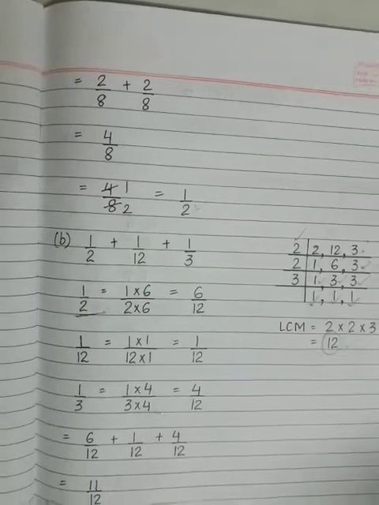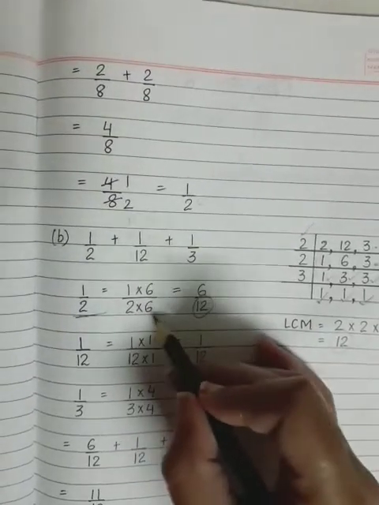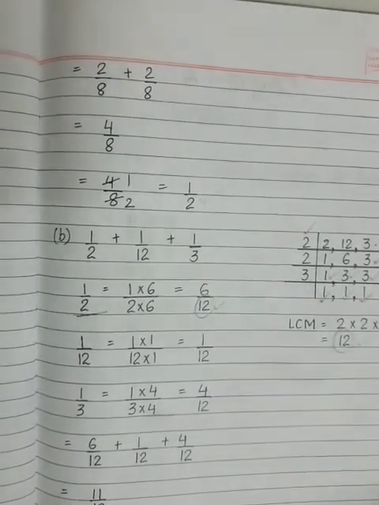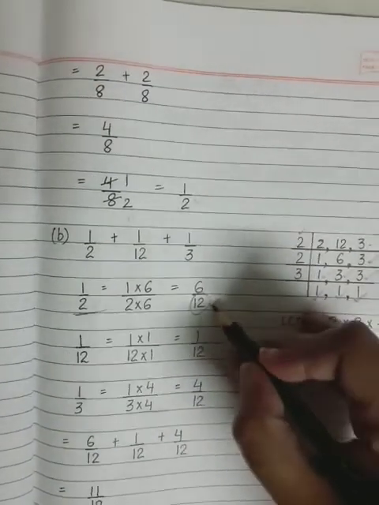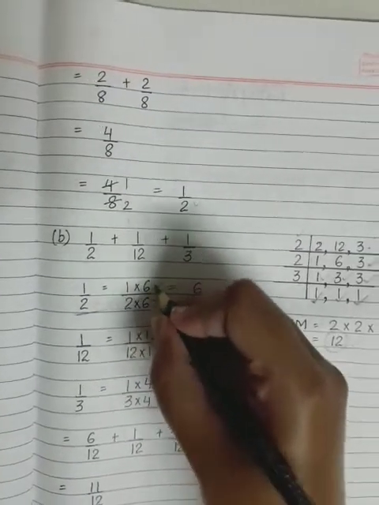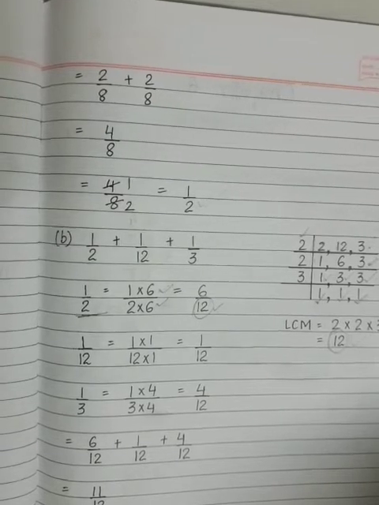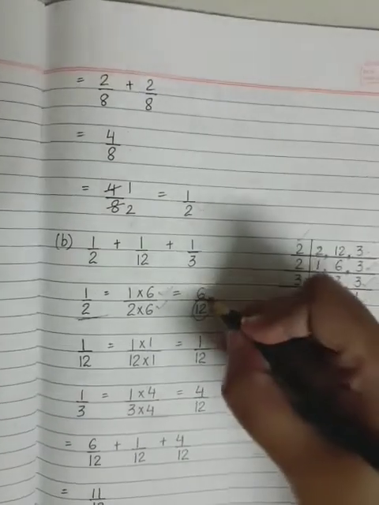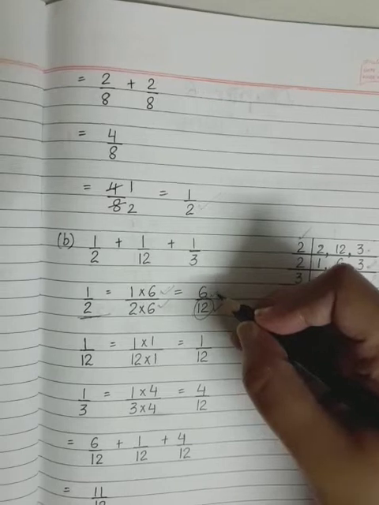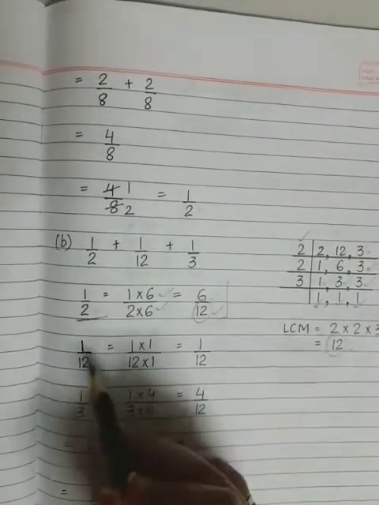And how can you make this 2 as 12? 2 multiplied by 6 gives us 12. Okay. So, 2 sixes are 12, and according to the rule, 6 gets multiplied in the numerator also. Okay. So, 1 multiplied by 6 gives us 6. Okay. So, we got 6 upon 12 as the first fraction, then 1 upon 12.